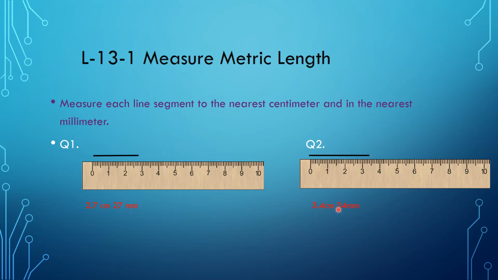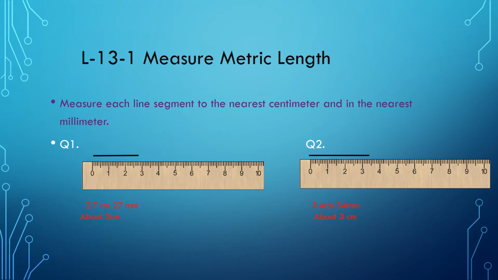In the same way here also, you can see 10 small divisions, again 10, again 10, and then a 4 small division after 3. Then it is 34 millimeter.